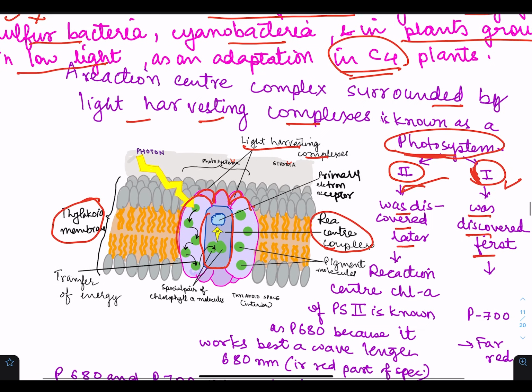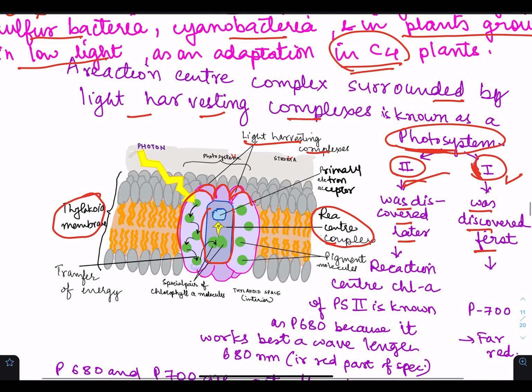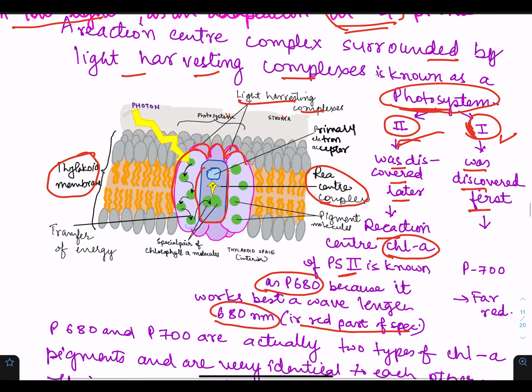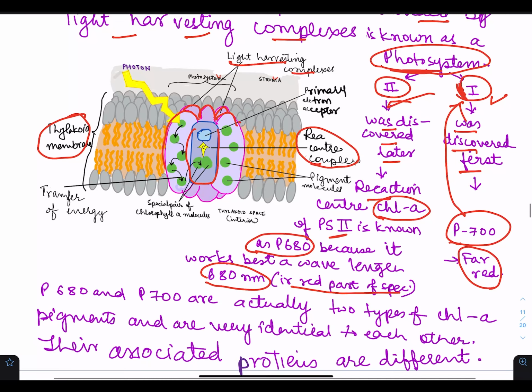Photosystem 2 has a reaction center chlorophyll a known as P680, because it works best at a wavelength of 680 nanometers in the red part of the spectrum, while P700 is in photosystem 1 and works best in far red light.